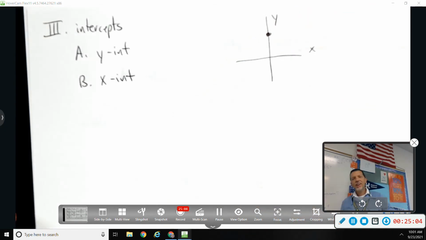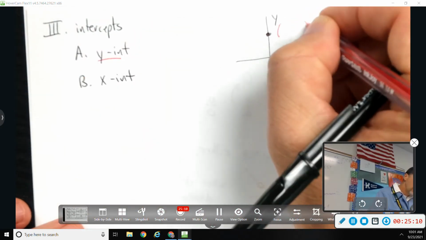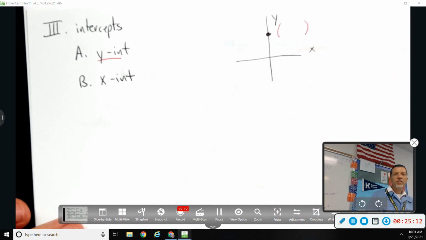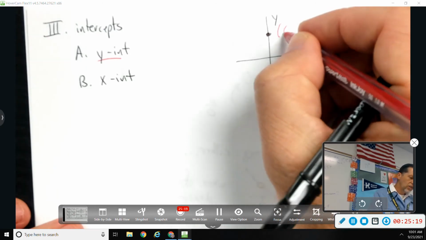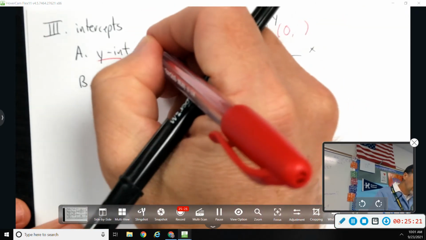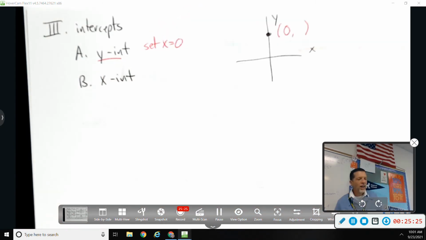There's the Y-intercept. Which coordinate do I know for that point? 0 for x. I don't really know y. So we'll set x equal to 0, and that will tell us the Y-intercept.